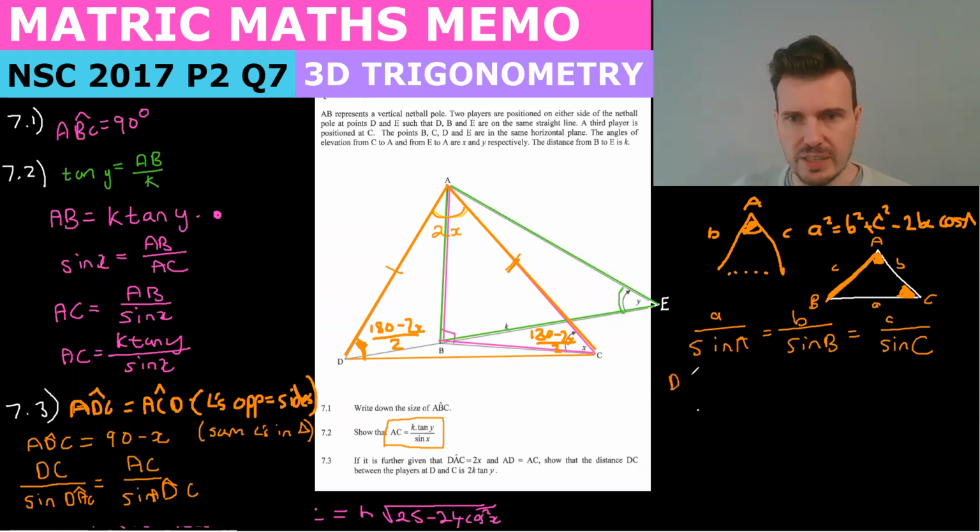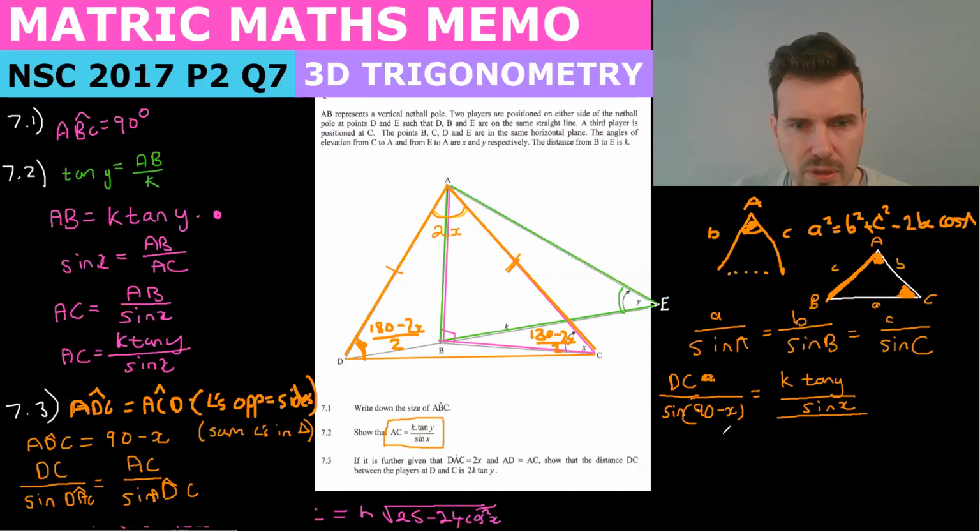So DC is what we're trying to get, and we've got sine DAC, which is sine 90 minus x, equals, and AC, which we figured out from the first one, was k tan y over sine x, over, and then the sine DC, which is sine ADC.